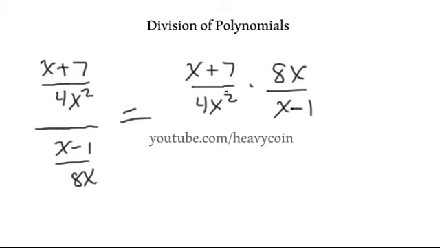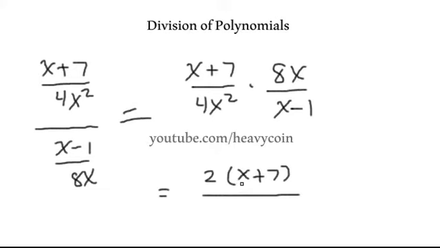Now in this particular one we can cancel some things out because we have a 4 in the denominator and 4 up here in the numerator, so 4 goes into 8 two times. Now I'm going to write this like such: 2 times x plus 7, because we have an x plus 7 here. 8, there's 1 x, there's 2 x's down in the denominator, and so we're going to be able to cancel this x out.